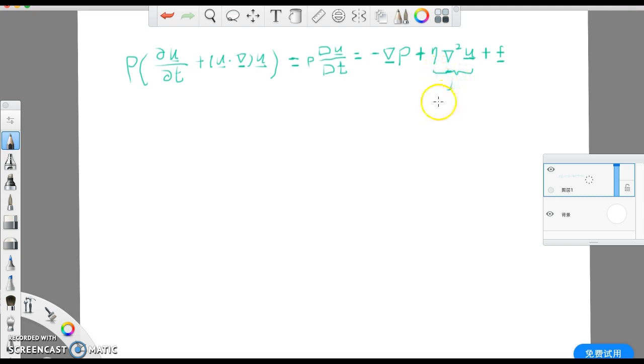So this term should be a divergence of a general viscous stress tensor, right? This pi is a viscous stress tensor, and it's a tensor, so the divergence of a tensor is a vector, and this tensor will have some specific expression which you can derive from kinetic theory.